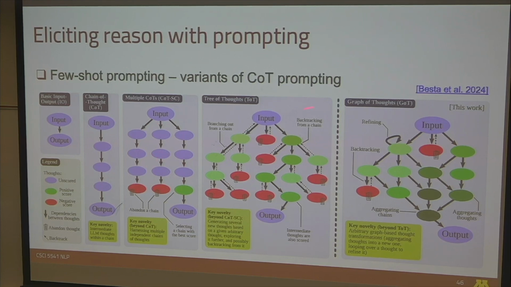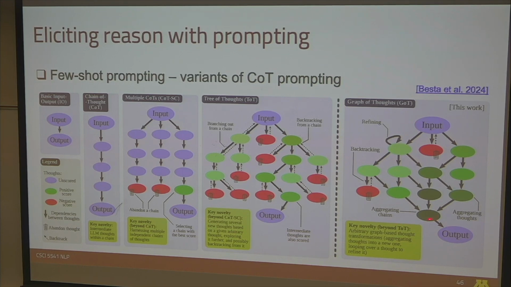And then these authors even generalize this further. Now it's no longer a tree, it's a graph, because a tree is a special case of a graph, right? So in the graph of thoughts, they added two things. One, they added this self-refinement step, where you can refine your current thought over and over.